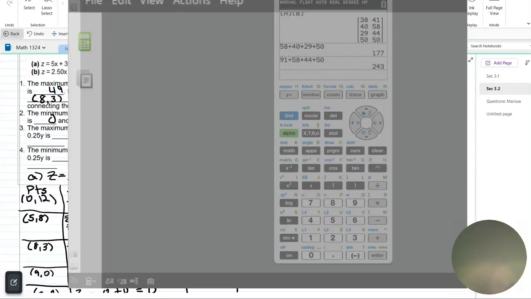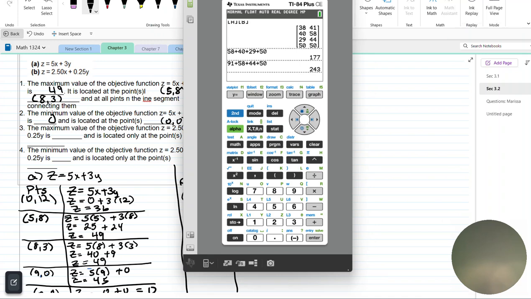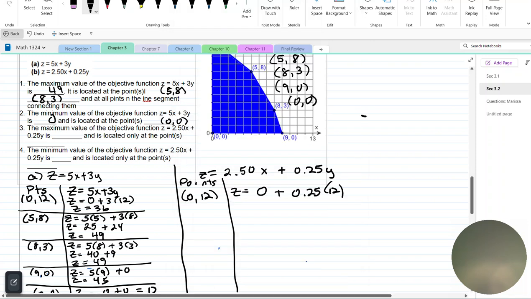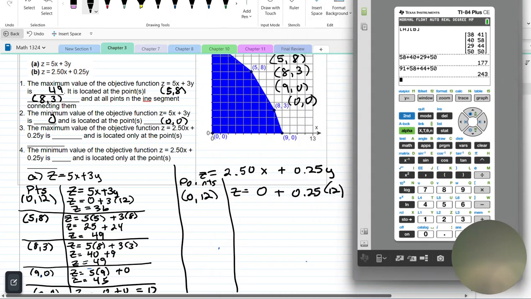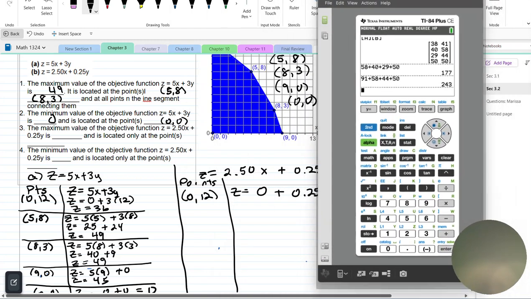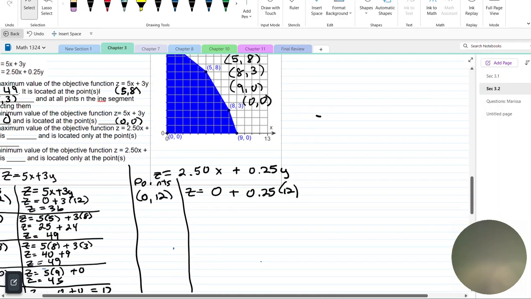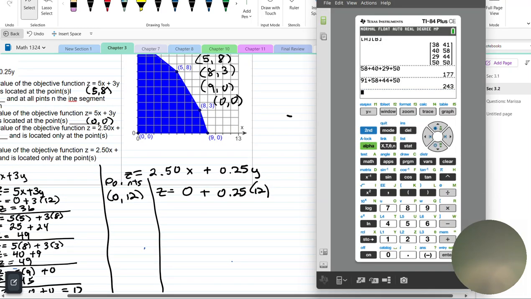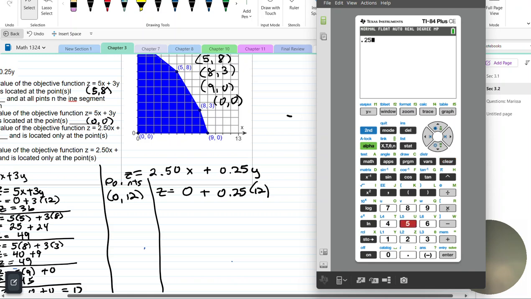Sorry, should have done this before I started, I know. Let me move it over here. So we have on this guy, clear out what I've worked on before, 0.25 times the 12. And I get 3.